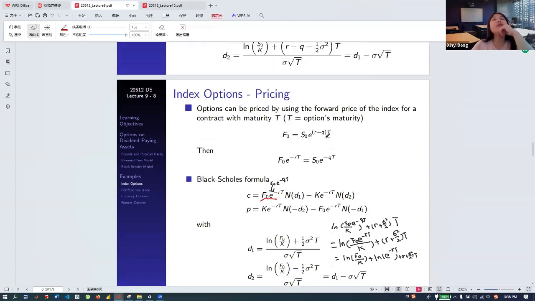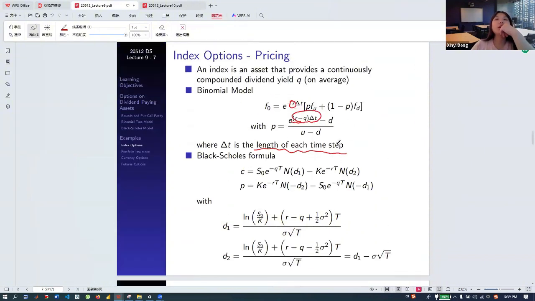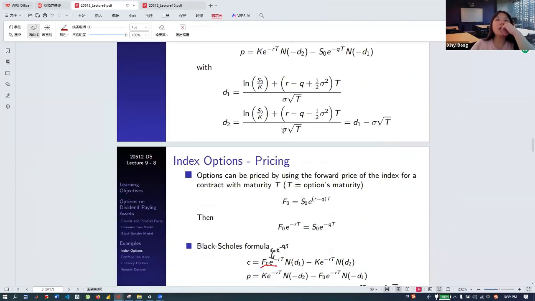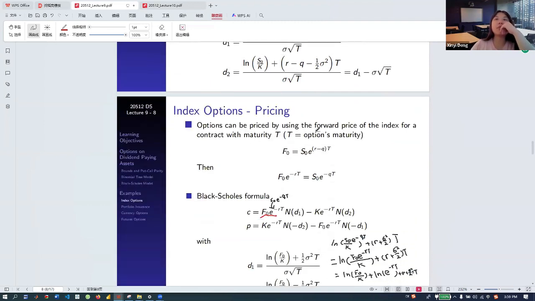Then we can further change that Black-Scholes formula. What can we do to change that pricing formula?